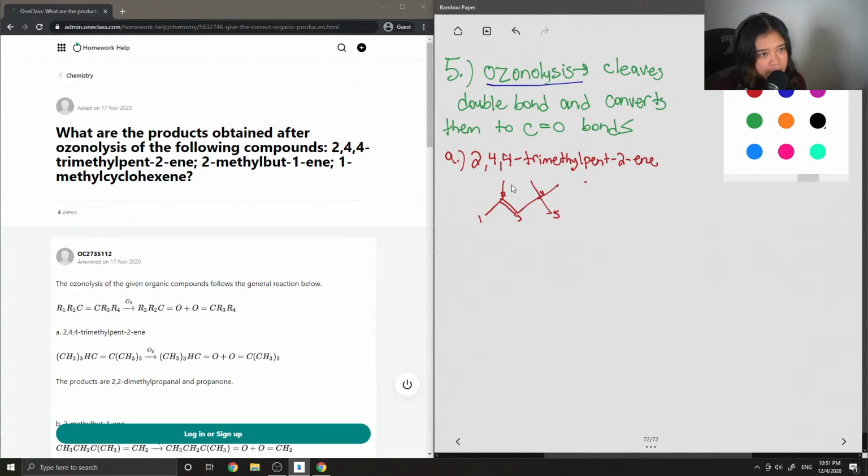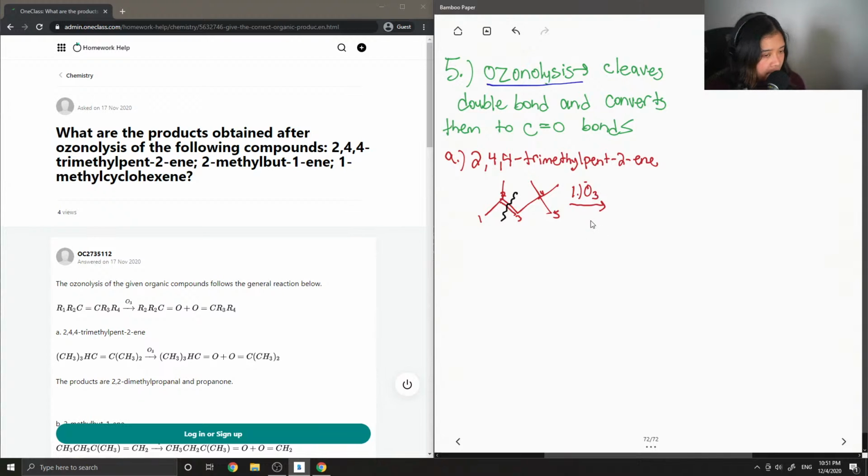When I draw out ozonolysis reactions, I like to show where the double bond is cleaved. This will help me when I write out my final products. So when you have an ozonolysis reaction, the reagents are O3 and any reducing agent.